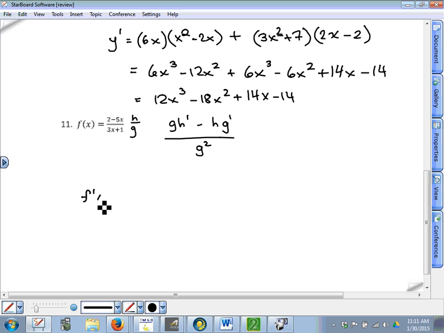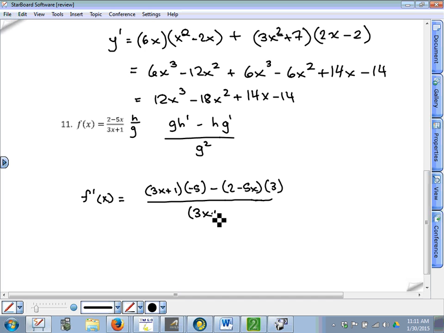So f prime of x would be the low function, 3x plus 1, multiplied by the derivative of the high function, so that's negative 5, minus the high function, h, times the derivative of the low function, all over the low function squared, so that's 3x plus 1 squared.